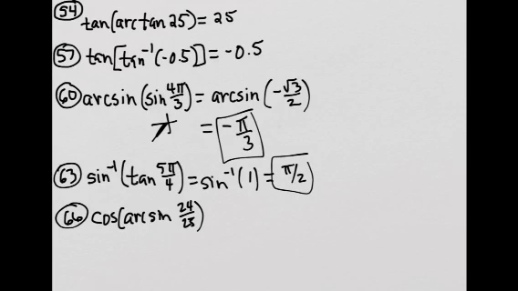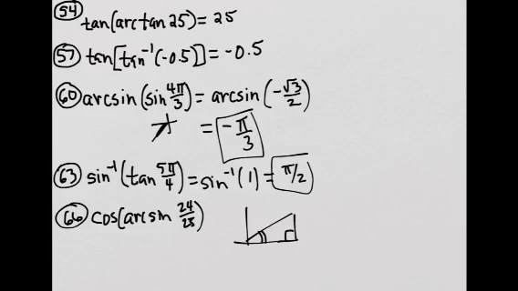Alright, so cosine of arc sine of 24 over 25, these are not inverses of each other. So we're going to do what's in the parentheses first. So we're going to find the angle that gives us a ratio of 24 over 25 for sine. In order to do that, though, we need to draw the angle. So there's the angle right there.